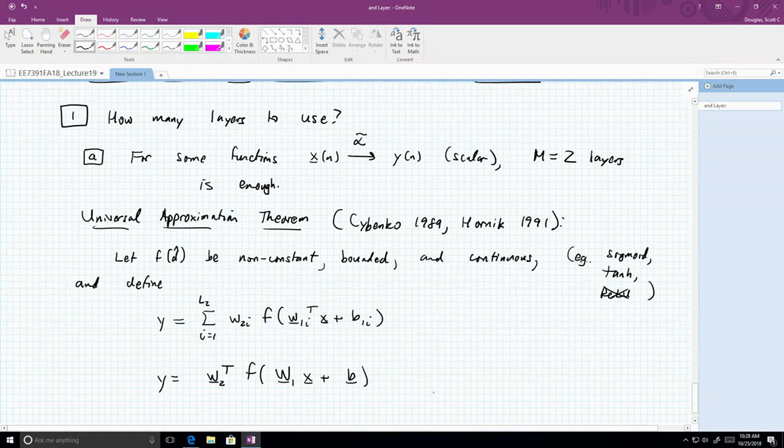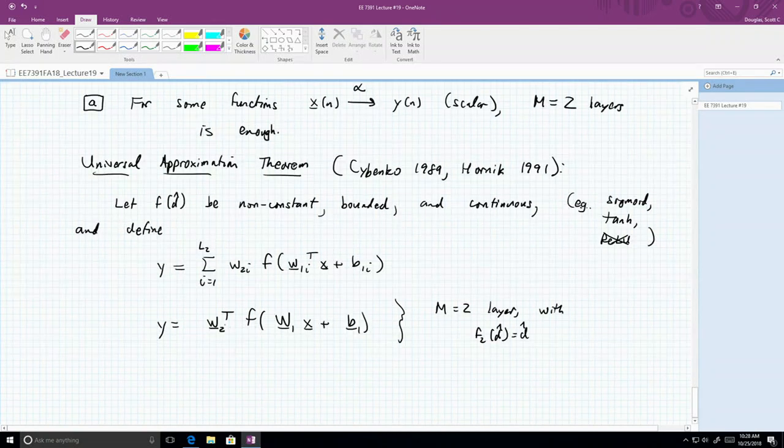This is an M equals 2 layer network, with f2 of d just being d. In other words, the output function is linear, okay?